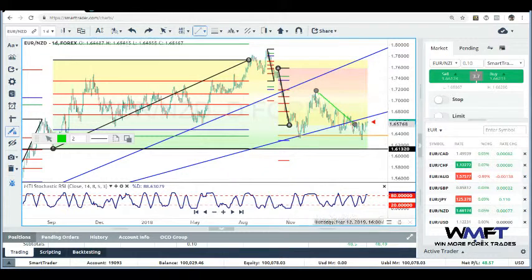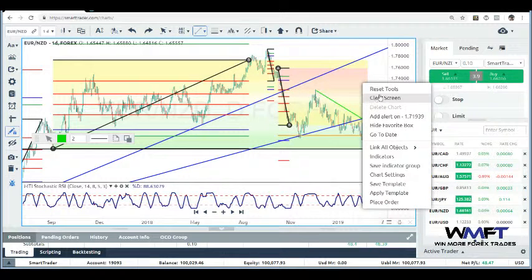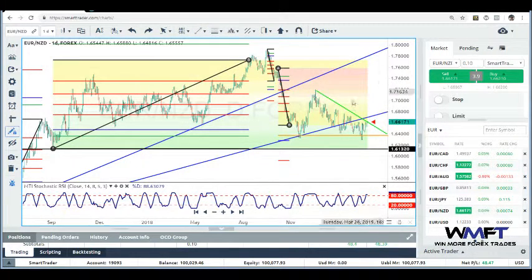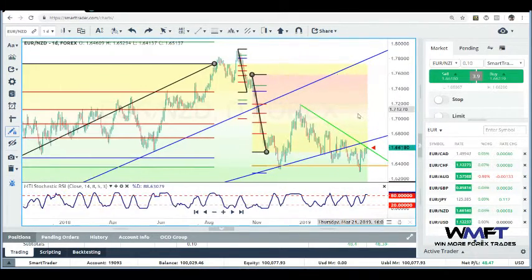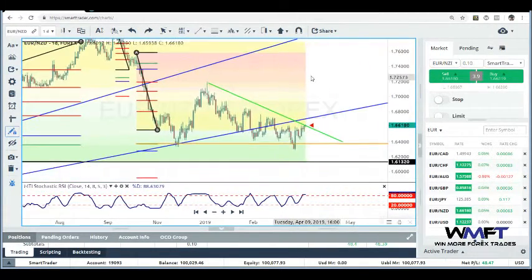So we do have to be careful about that. You see the little triangle right there. Alright, so you guys can see the triangle.